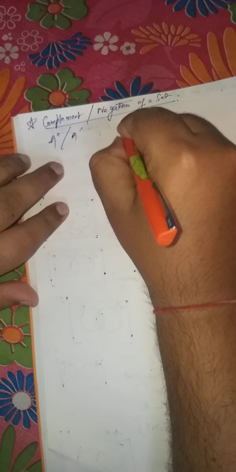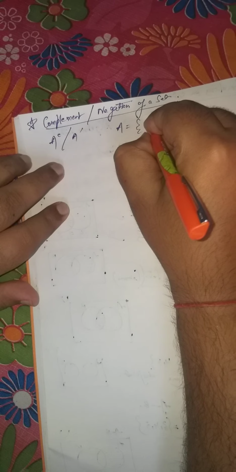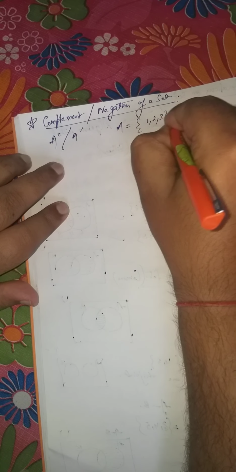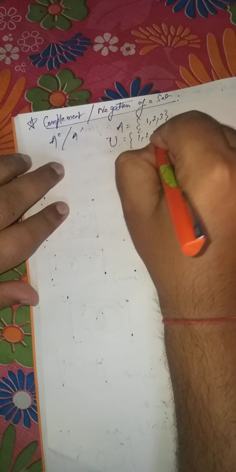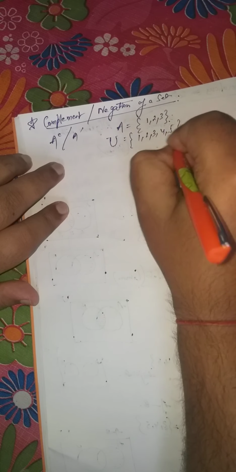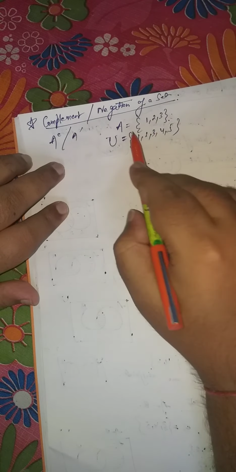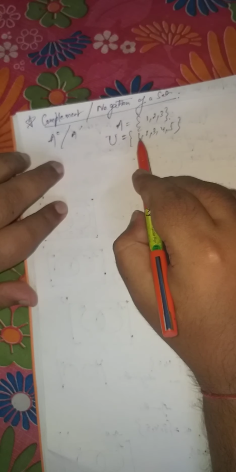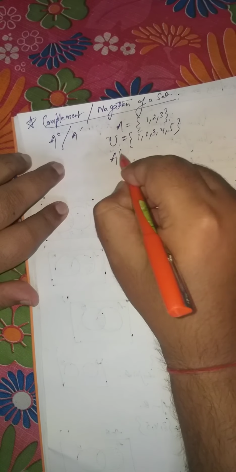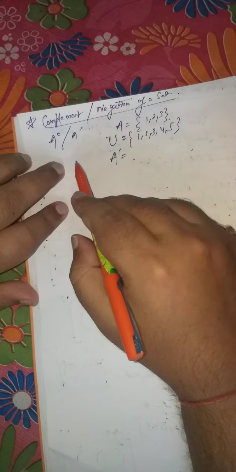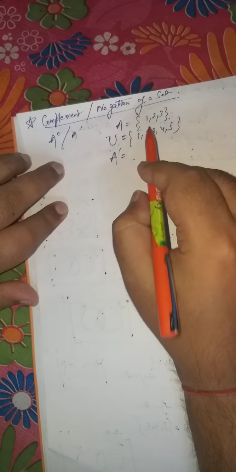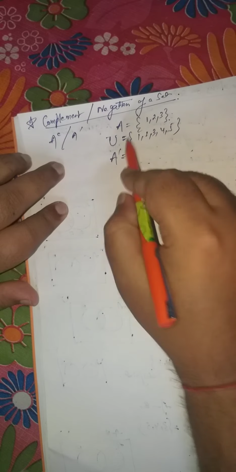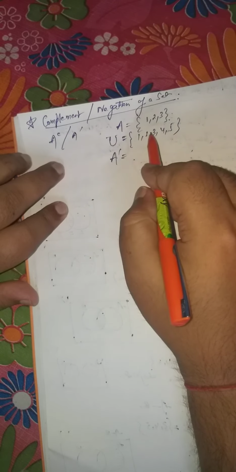So if A is a set 1, 2, 3 and the universal set is 1, 2, 3, 4, 5. Suppose, consider this example. If A is 1, 2, 3 and universal set is 1, 2, 3, 4, 5, then complement of a set will represent that number which is not there in A and you have to compare this thing with the universal set. Remember this. So 1 2 3.